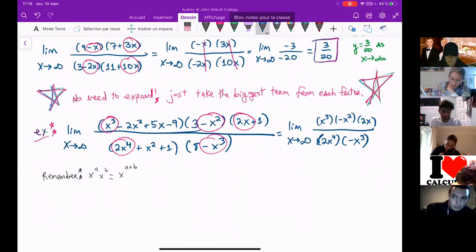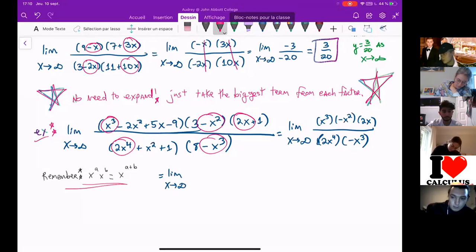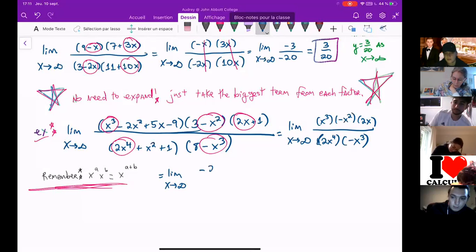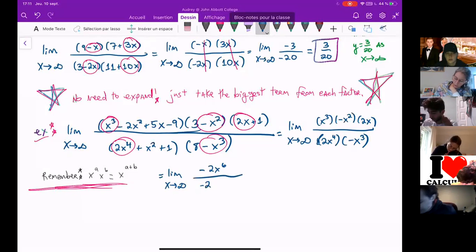So with that in mind, x to the power 6 over x to the power 7. So I'm going to have negative 2x to the 6 over negative 2x to the 7. Do you guys see how I use the algebra rule to get that?